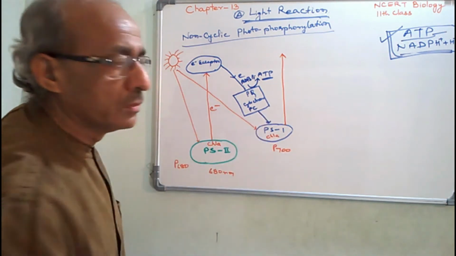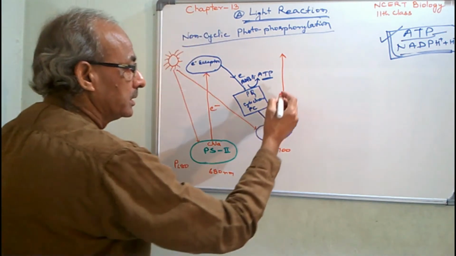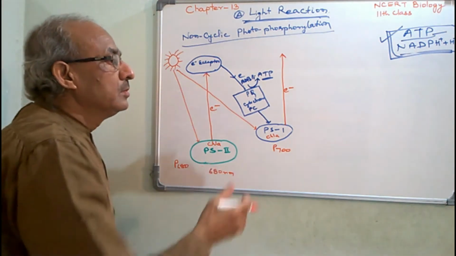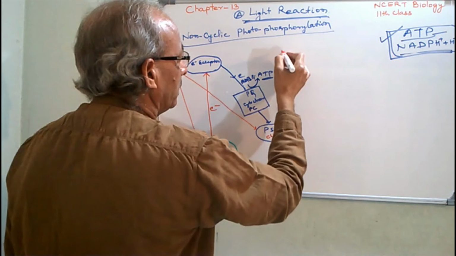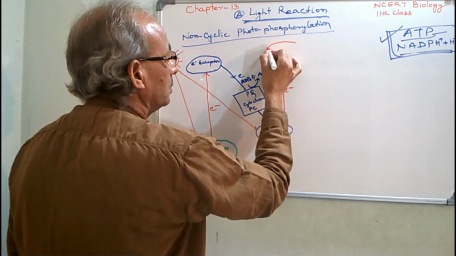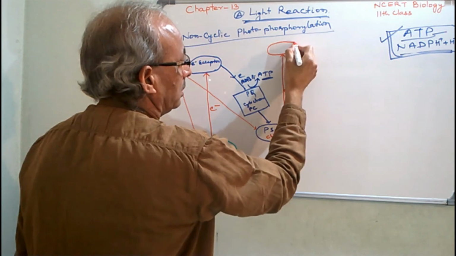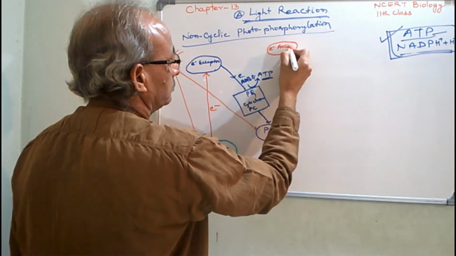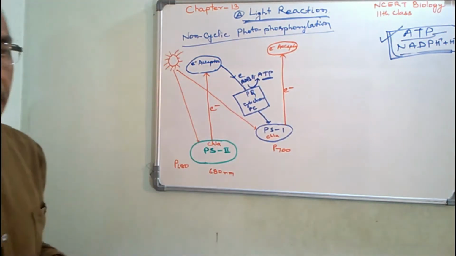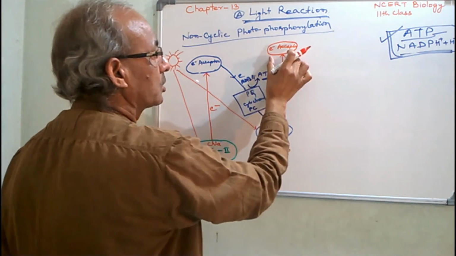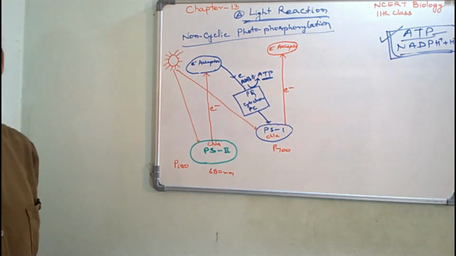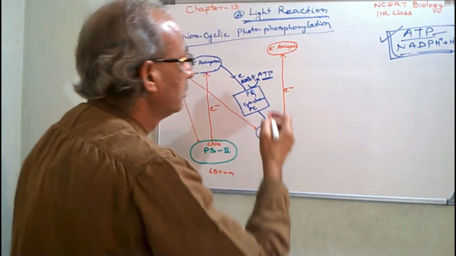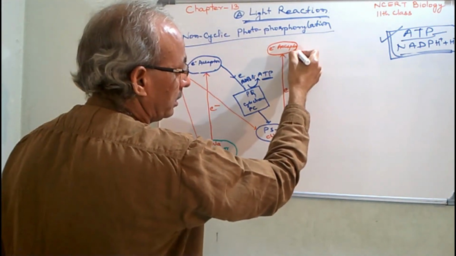And after the photosystem first, the electron having great redox potential jumps upward, and again here it is received by the electron acceptor. And thereafter, after receiving the electrons of great redox potential, the electrons again move downhill.